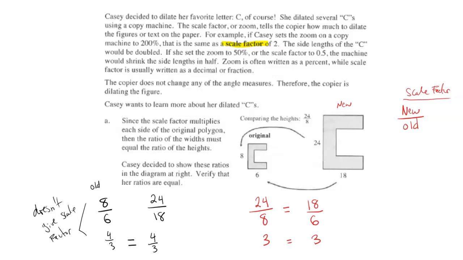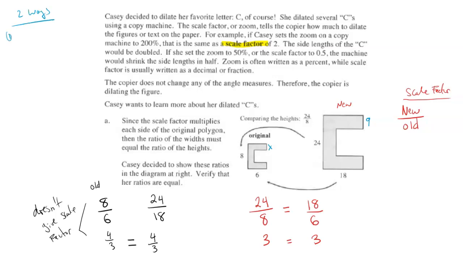Now, how can I use that information to solve something? What if I knew that this side length was 9, and I wanted to find this side length? There are two ways to do this.